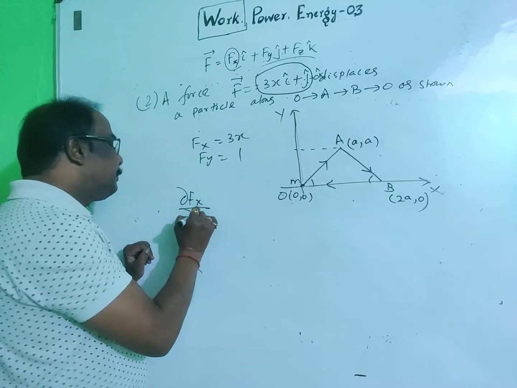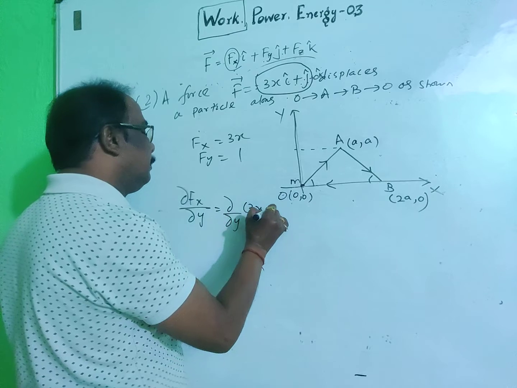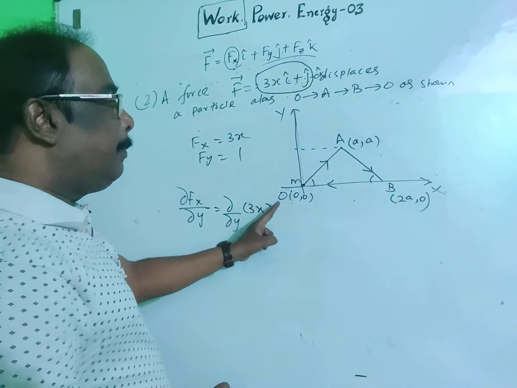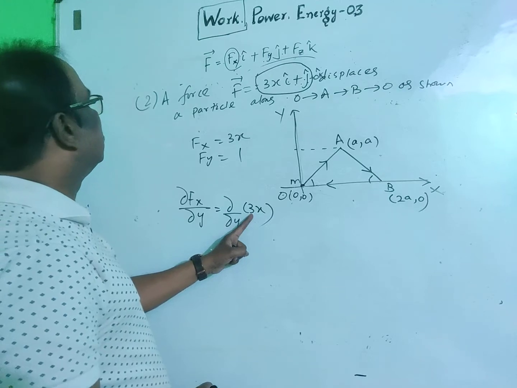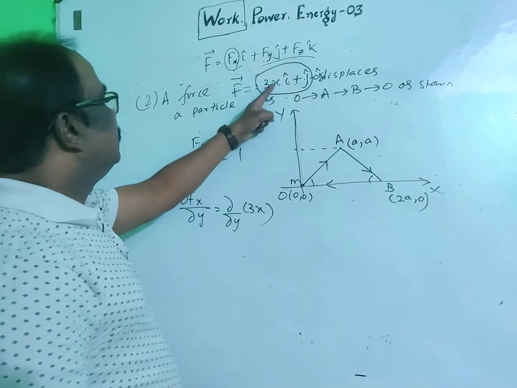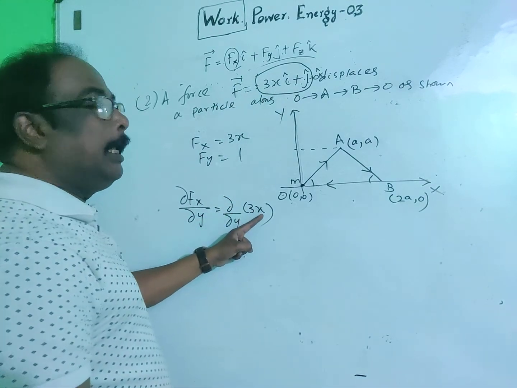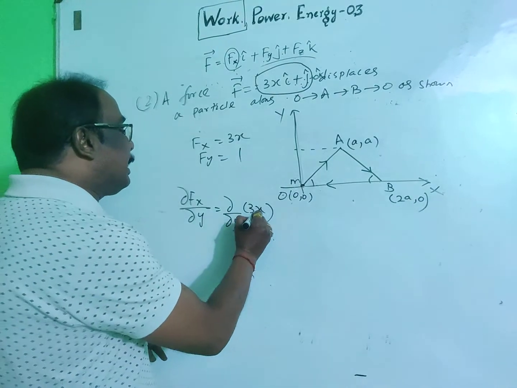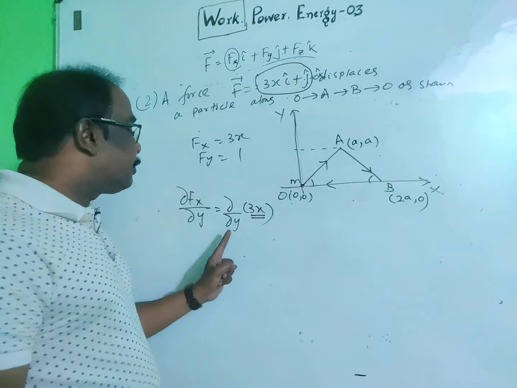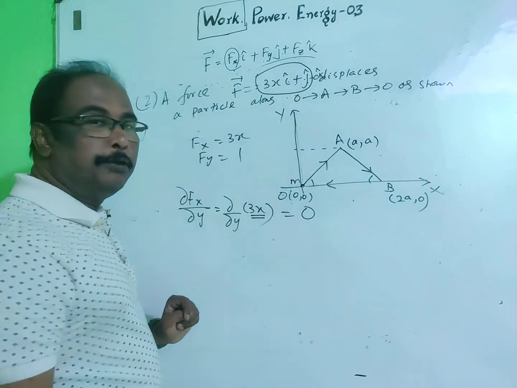Let's find dFx by dy, d by dy of 3x. See, 3 is constant, and x is also constant because we are taking the partial derivative. So 3x is constant with respect to y, so the differentiation is 0.